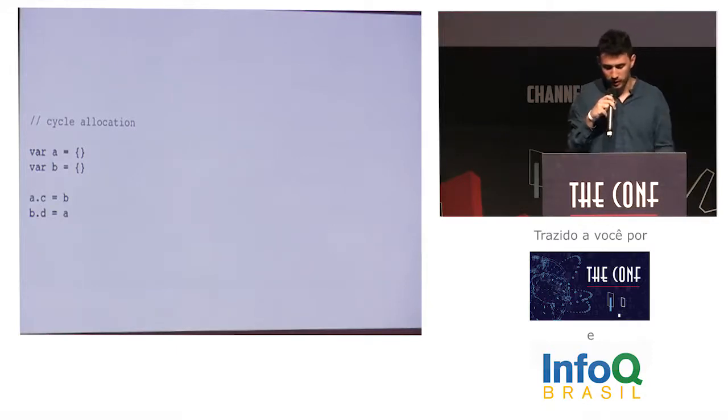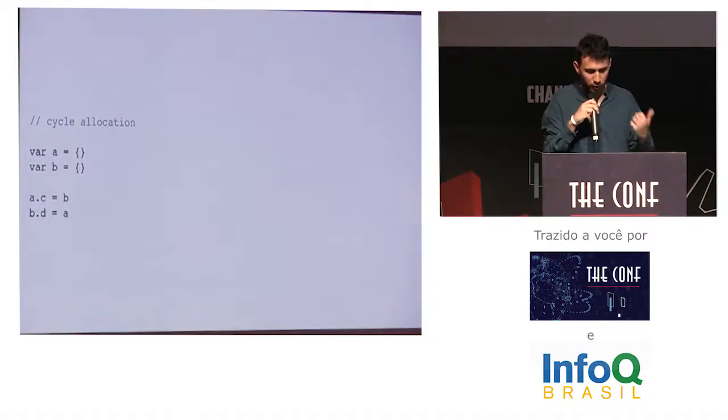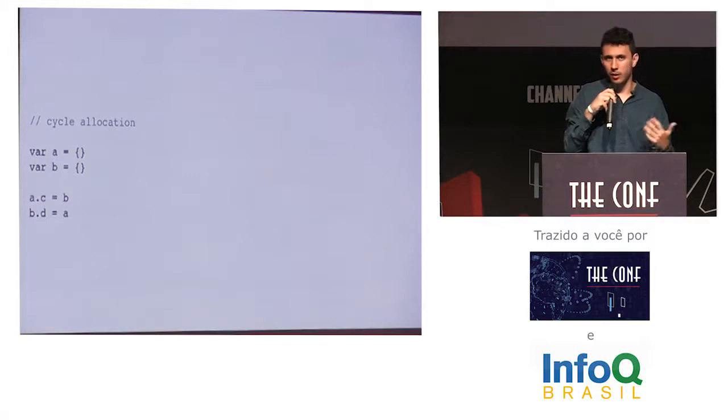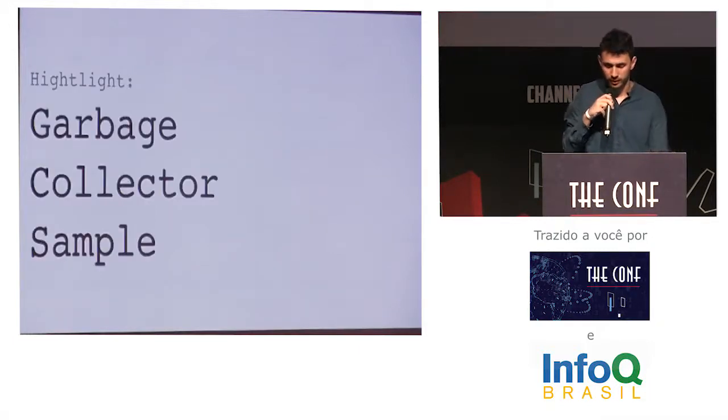So when we create a.c and point to B, I only set the property c to refer to this address previously created.